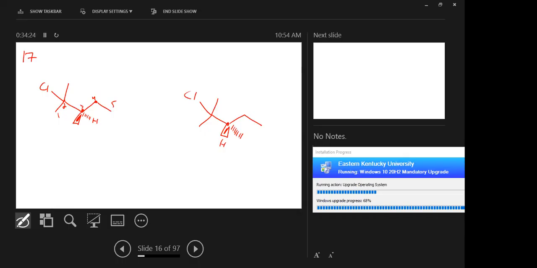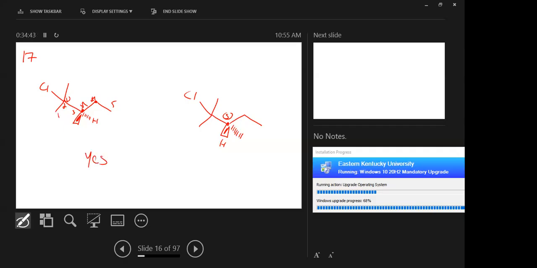I go 1, 2, 3. If this is R, then this obviously has to be S. All right, so can 2-chloro-2,3-dimethylpentane exist in an optically active form? And the answer is yes.